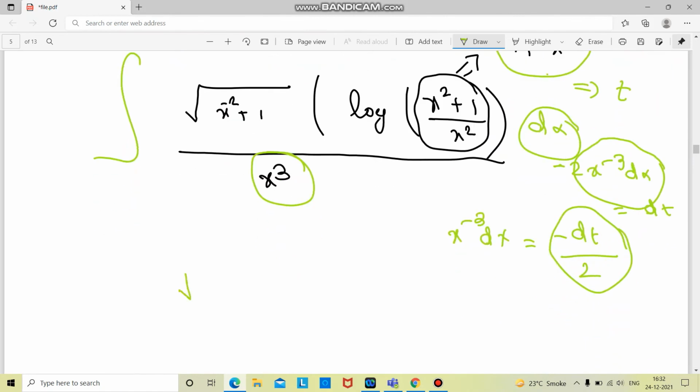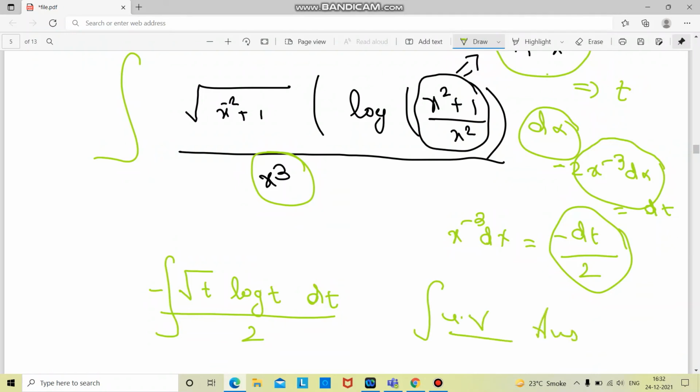We will use this and we will get integration of under root t log t, dt, times minus 1 by 2. Now we can integrate this as u into v and we will get our answer.